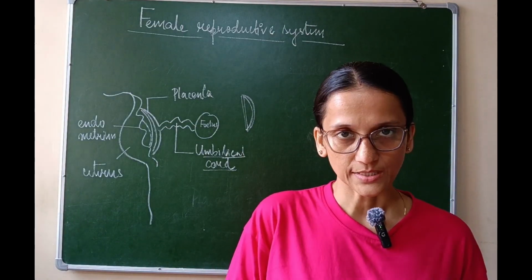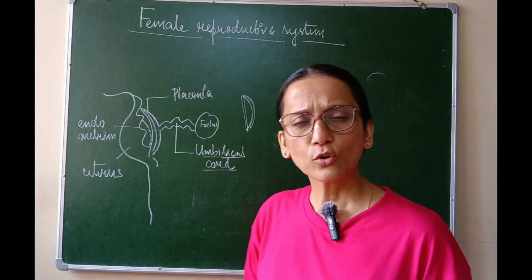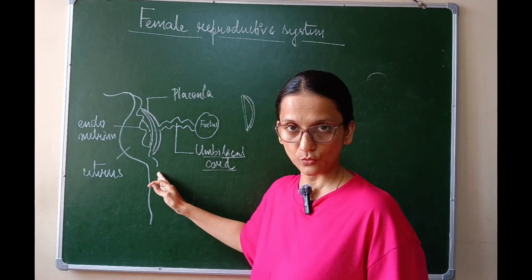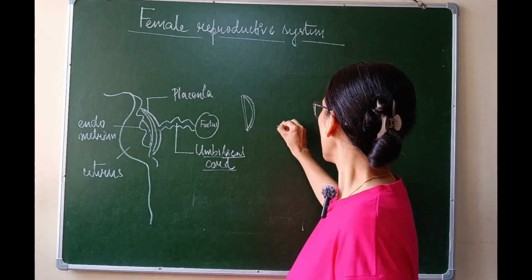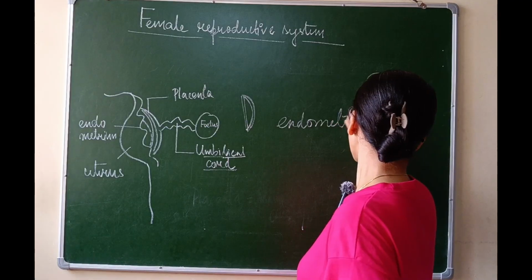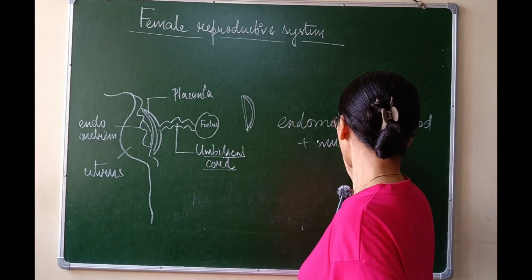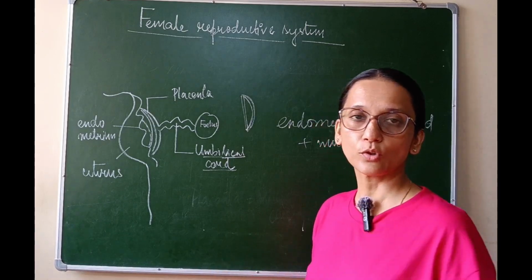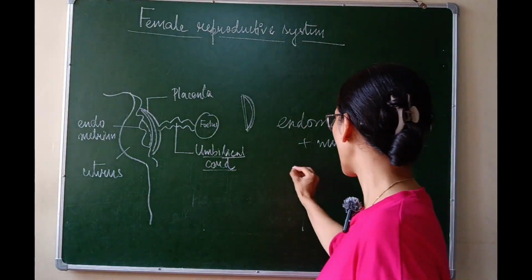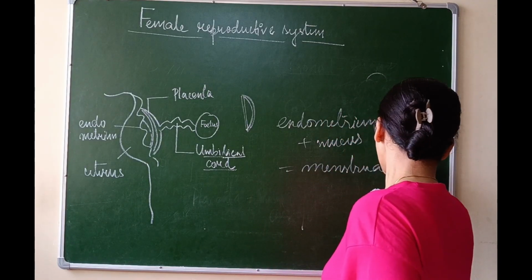लेकिन when there is no fertilization, so there will be no implantation, that time hormones में कुछ changes ऐसे होते हैं कि the inner lining of the uterus, which is the endometrium, along with blood and mucus will be shed out of the female body through the cervix and the vagina. और इस process को कहा जाता है menstruation.